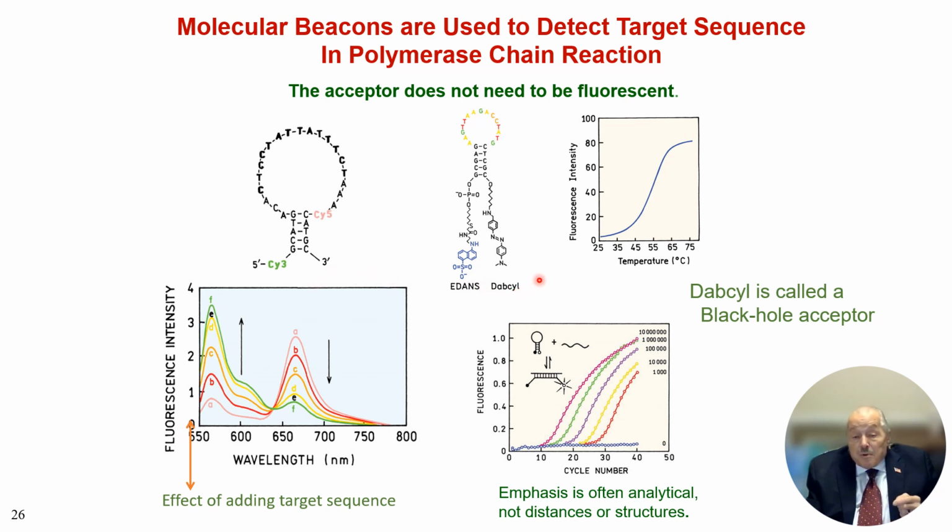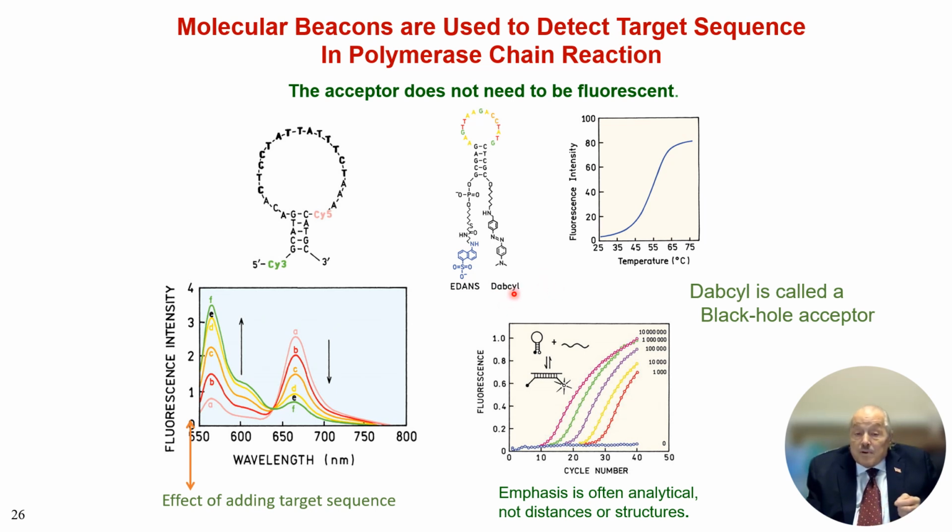This type of experiment is very frequently done with what are called black hole acceptors. Dabsyl is one. I should have put the structure here for you, but it's on the figure. It's non-fluorescent. An acceptor molecule does not have to be fluorescent; it just has to absorb.